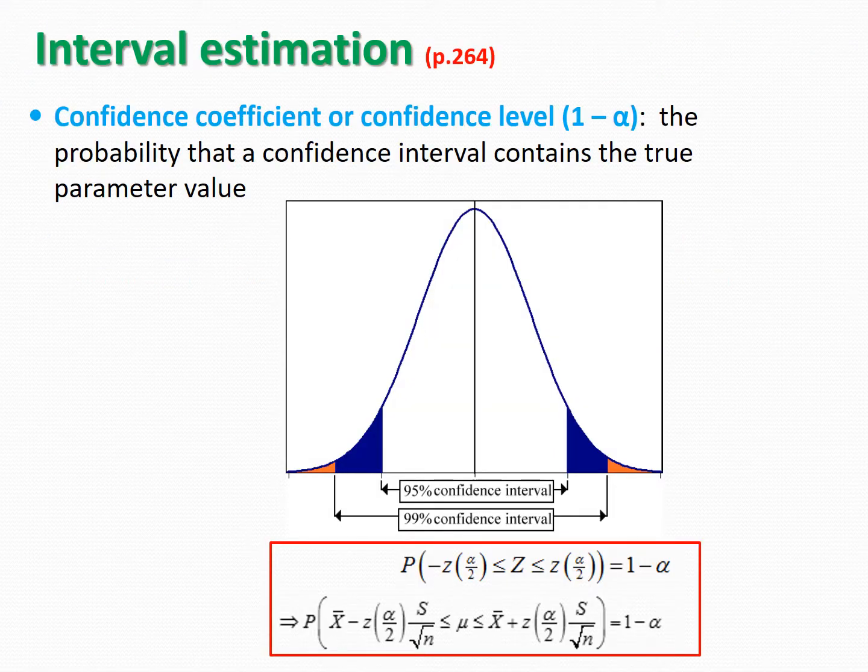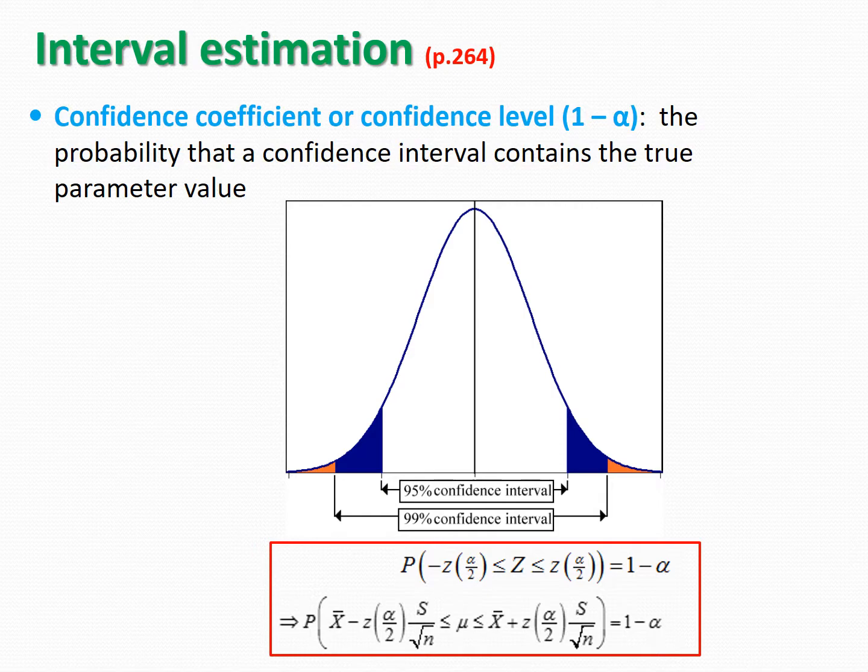The next section looks at interval estimation. A confidence interval is determined at a certain confidence level, also known as the confidence coefficient, and it's denoted by 1 minus alpha. This is simply the probability that the confidence interval contains the true parameter value. In this case, we are first of all looking at the population mean.